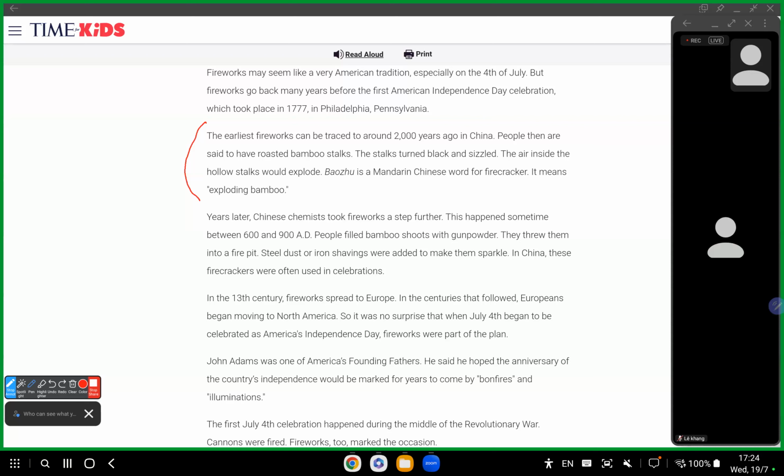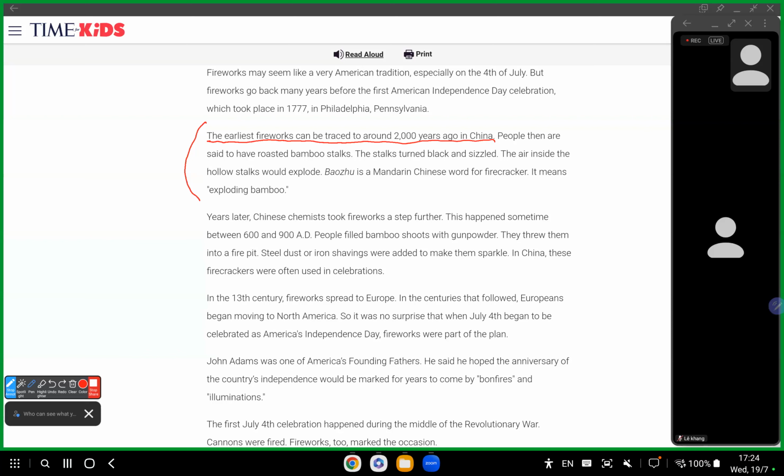Well, first of all, this first sentence, that's a fact. The earliest fireworks can be traced to around 2,000 years ago in China. So there's some evidence. Then they go on to talk about people then are said to have roasted bamboo stalks.